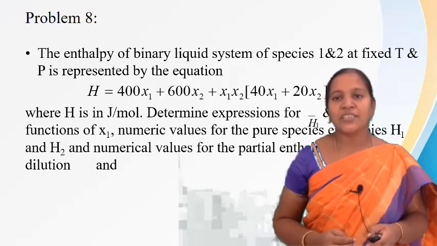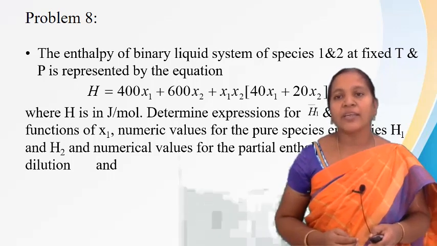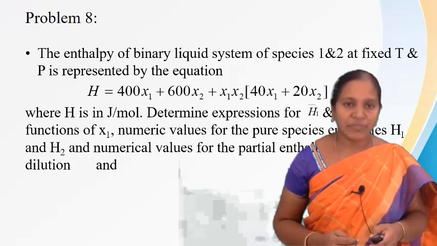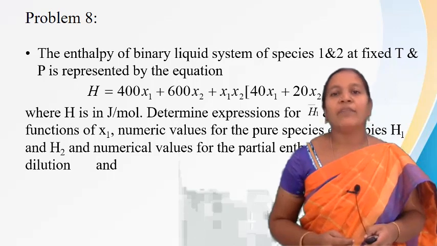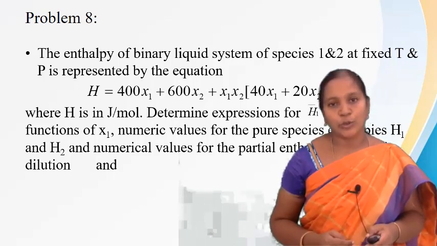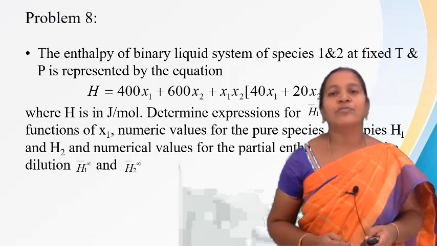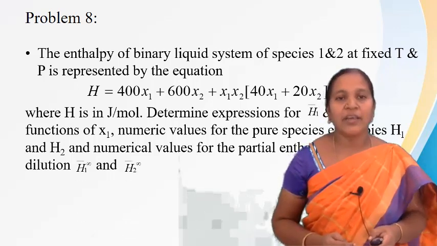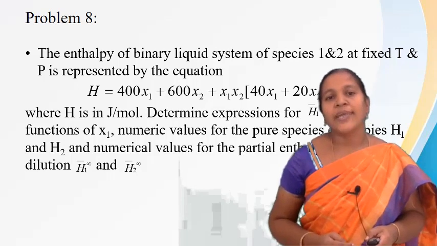Determine the expressions for H1 bar and H2 bar as functions of x1. Numerical values for the pure species enthalpies H1 and H2 and numerical values for the partial enthalpies at infinite dilution H1 bar and H2 bar.